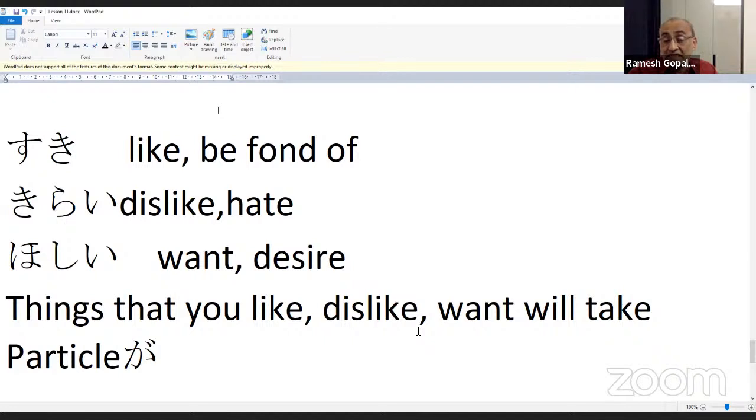These are all adjectives. Hoshii is an i adjective, but kirai and suki are na adjectives. So whatever it is, they are all adjectives. Like, be fond of, dislike, hate, want, desire: things that you like, dislike, want will take particle ga. This is why I brought this in.